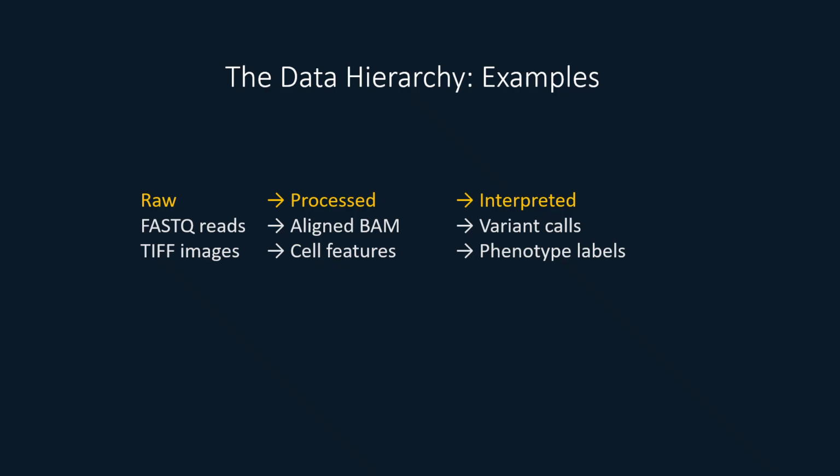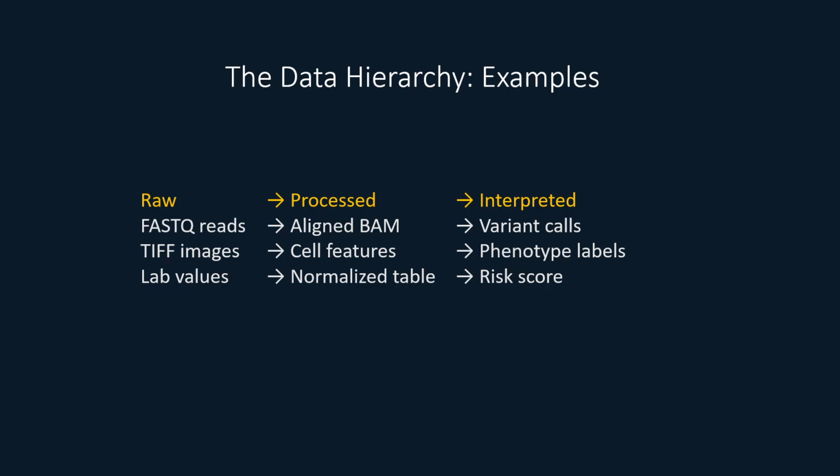Interpretation assigns phenotype labels. In clinical data, raw inputs are maybe lab values over time. Processing standardizes them into tables. Interpretation produces something like a risk score. Each step simplifies the data, but each step also removes information. Understanding where your dataset sits in this hierarchy tells you what questions your model can and cannot answer.